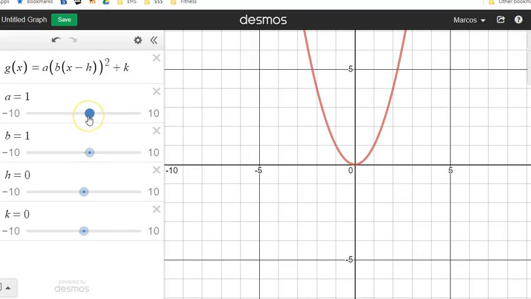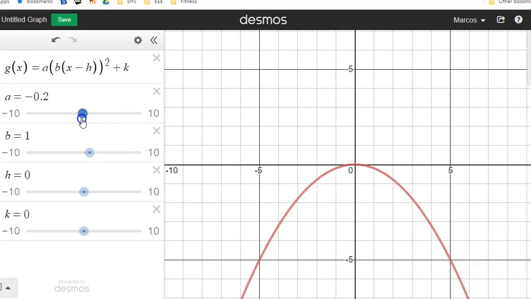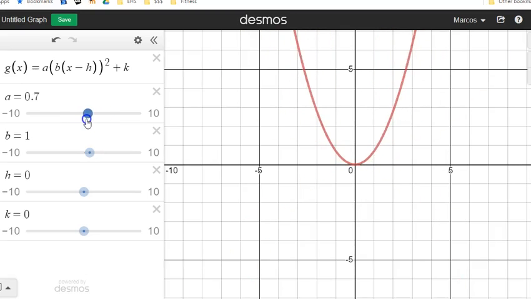Let's look at what A does. Now A said it was a vertical stretch, meaning a stretch up and downwards. If I make it bigger, notice it's like I'm grabbing the top and the bottom and stretching it, almost like a rubber band. And if you were stretching a rubber band, it's going to become a lot thinner. And if I was doing something smaller, so I started at 1, I'm going to go smaller, like 1/2.